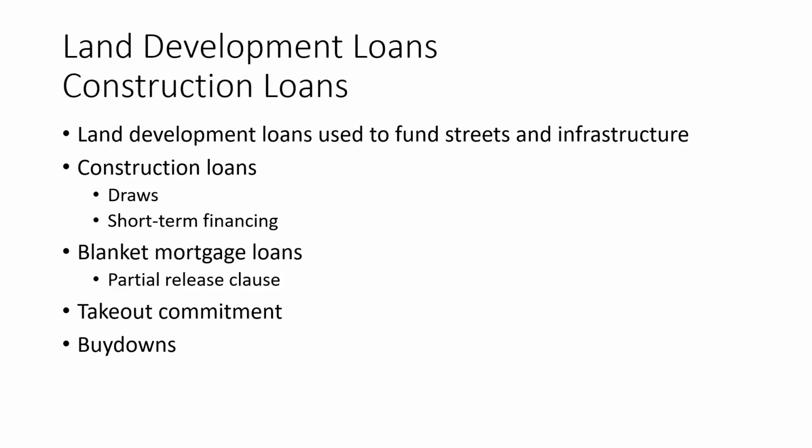We also talk about land development loans and construction loans. A land development loan would be used to fund streets and infrastructure in a new subdivision. Construction loans will be used for actually constructing the properties, and they consist of minimal amounts used at a time called draws.